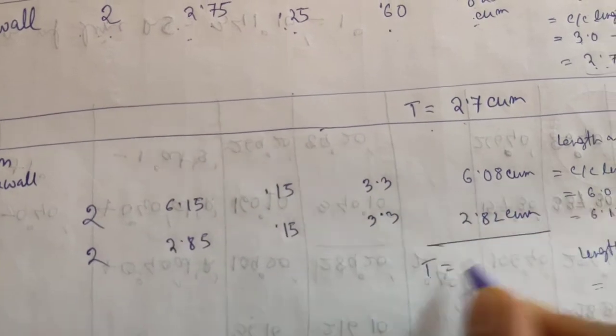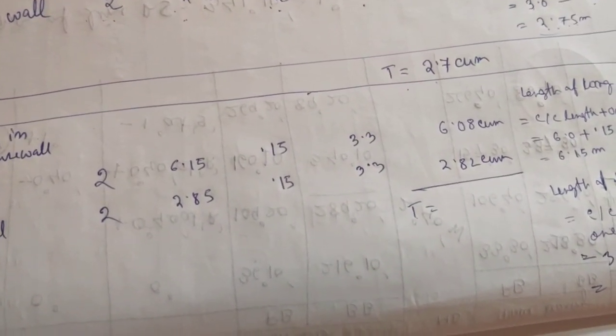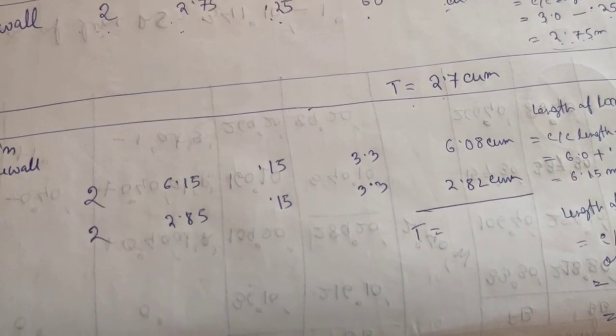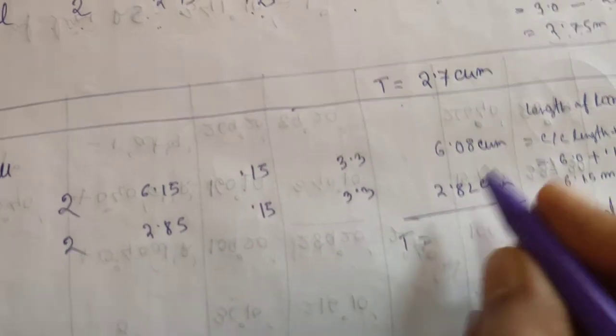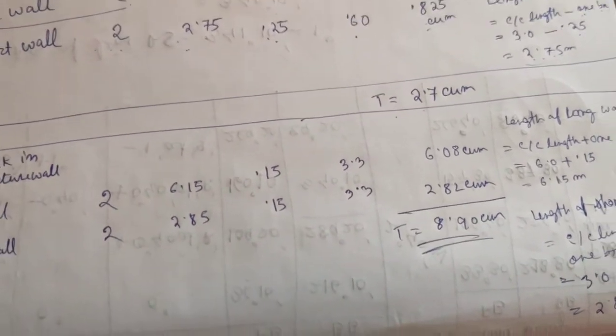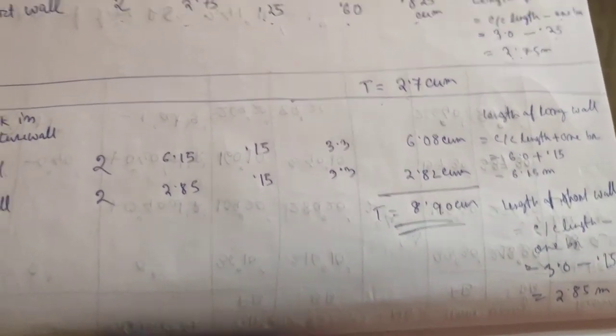Let us find out the total. 6.08 plus 2.82 comes out to be 8.90 cubic meters. So in this way, in this method, we will find out the quantities of different items. That is the long wall short wall method.